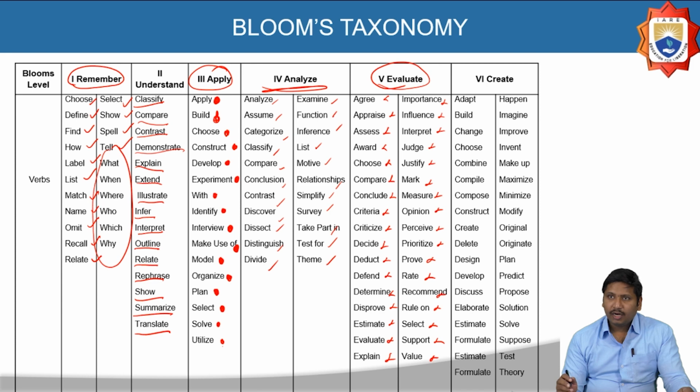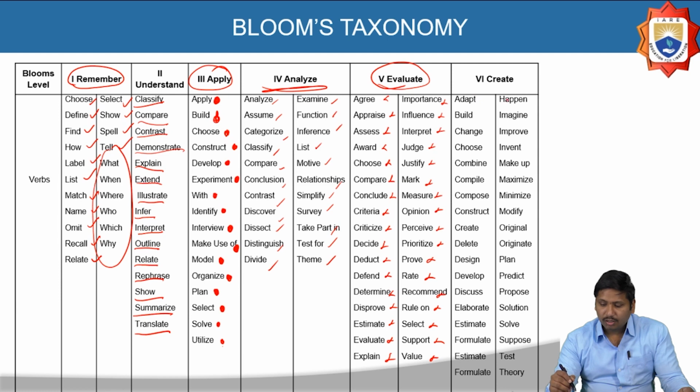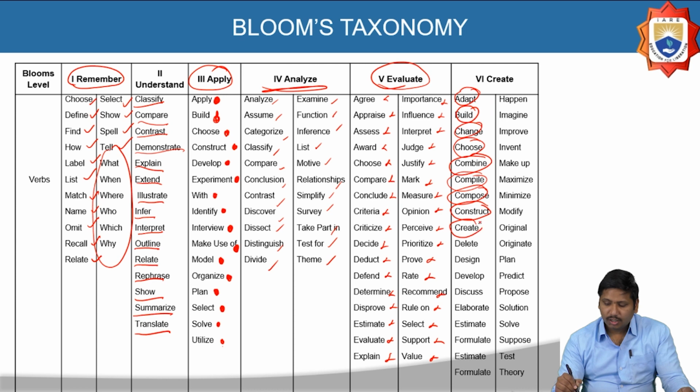The last level is create. Here we see creating, or adapting, and build; build is also part of this level. Change, choose, combine, compile, compose, construct, create, delete, design, develop, discuss, elaborate, estimate, formulate.